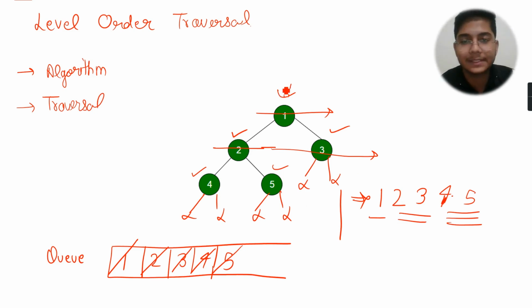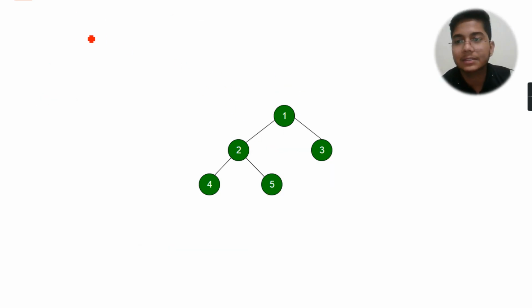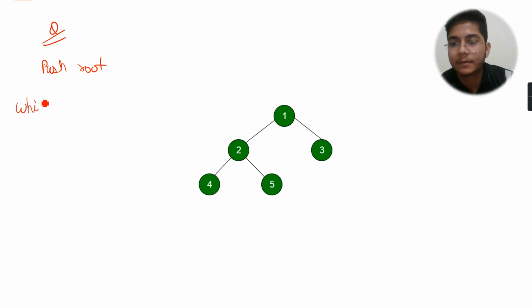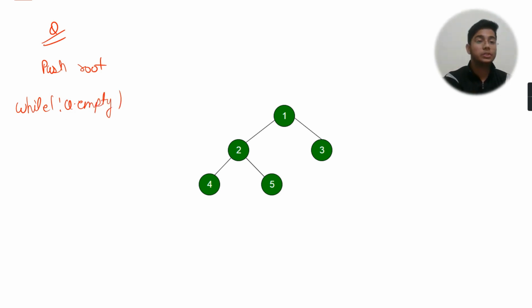So what is the basic algorithm? The basic algorithm is make a queue, push root, right? And while queue is not empty, what you have to do, you have to process the node.